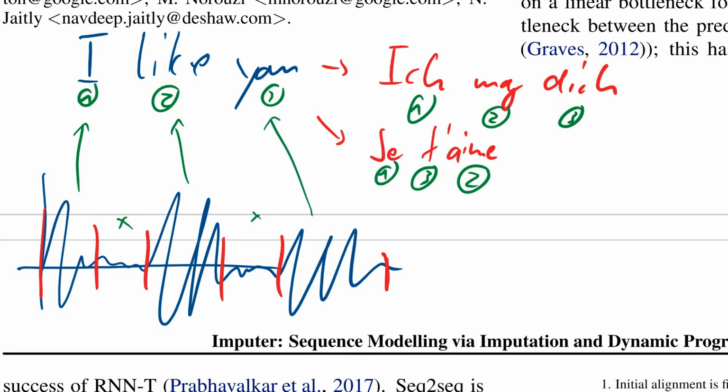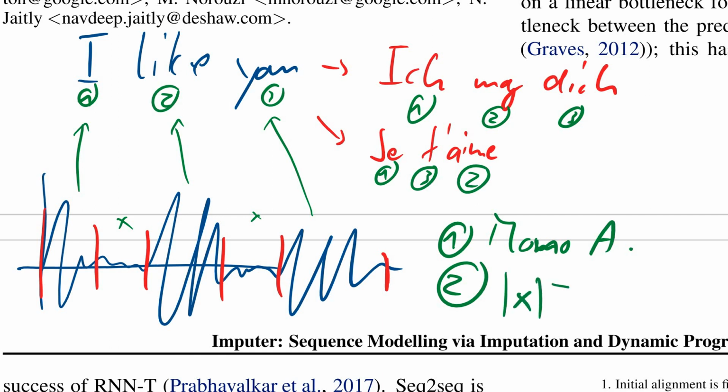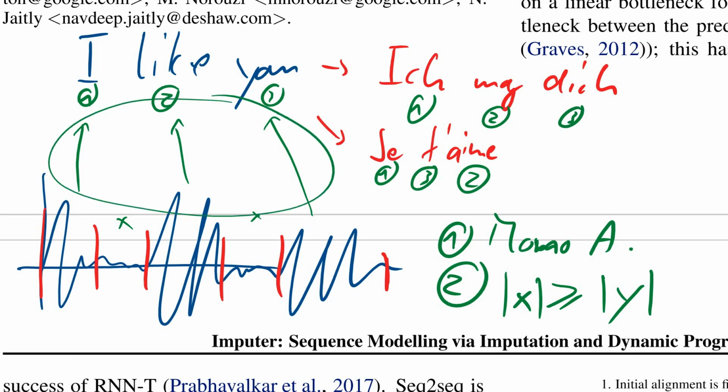So the Imputer deals with these kinds of sequence-to-sequence tasks where, first of all, there is a monotonic alignment, and second of all, as an engineering constraint, the length of the input sequence X is larger than or equal to the length of the output sequence Y. And you'll see why, mainly because we rely on being able to compute this alignment, the alignment of input samples to output samples.